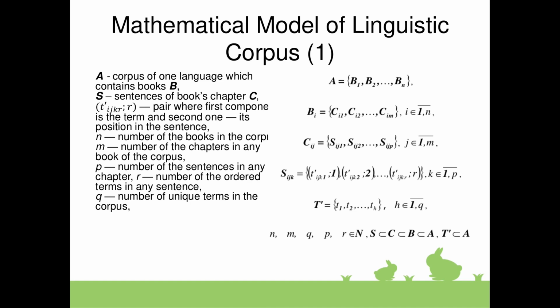In every sentence we can find pairs which represent each term of our sentence. A pair is used because it's important to know not only the term but also its position in the text. So we represent it as a tuple of term and its position.